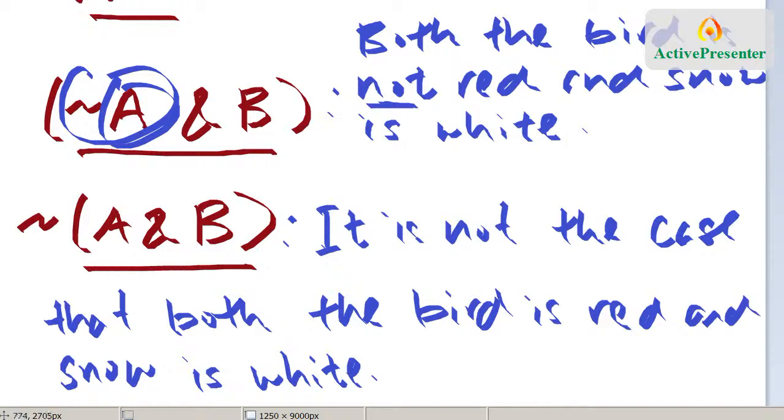And so again, this is a pretty good way of phrasing the idea that this whole thing here is not the case, is not true, or has been negated. So when we're doing a translation like this, we just want to make sure that we attach the not where it belongs.